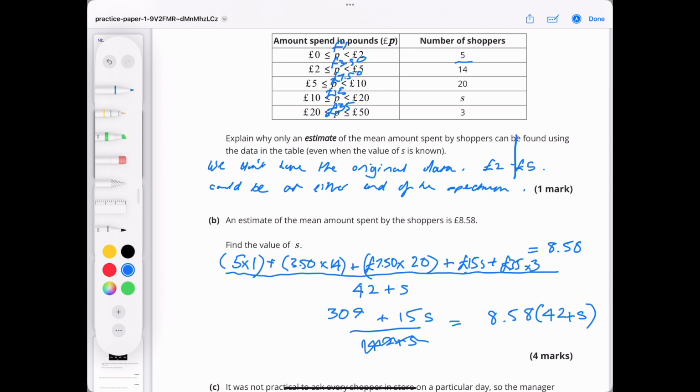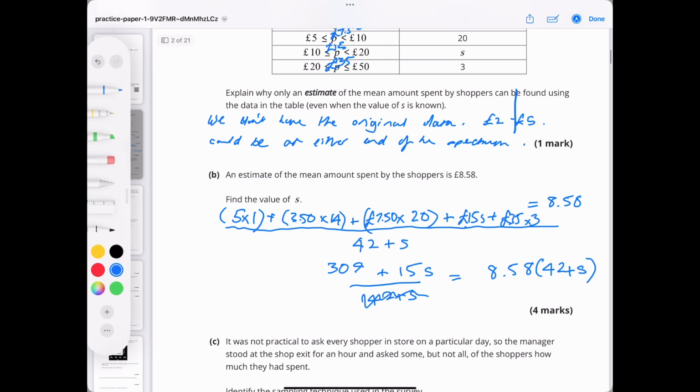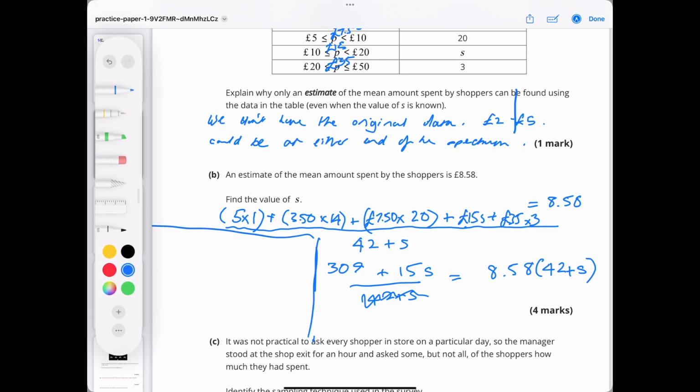So we've got right now, I don't know how I'm going to fit this in, 360, I'm going to go over here. There we go. Right, so we've got on this side 360.36 plus 8.58S equals 309 plus 15S.